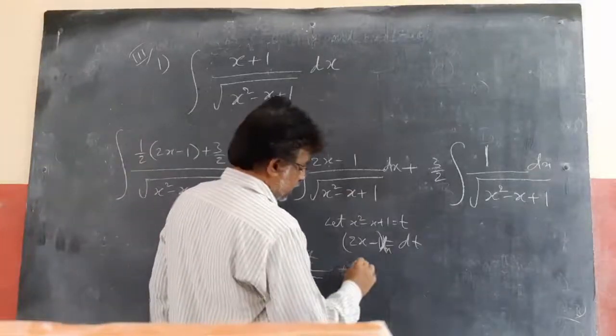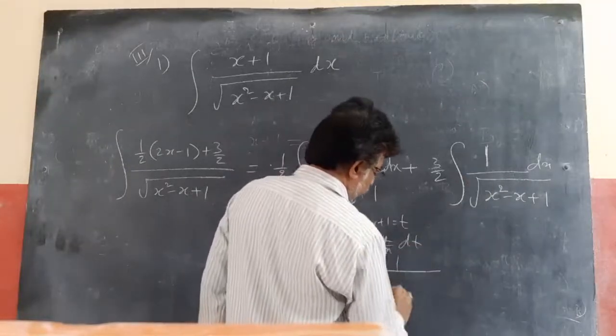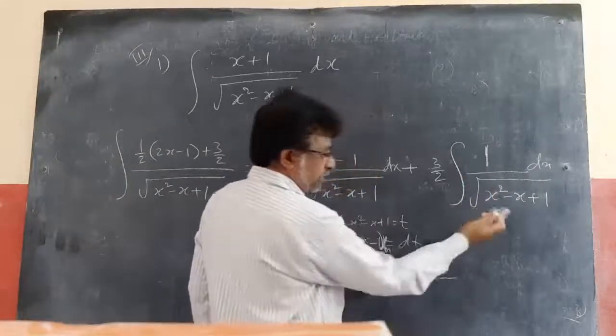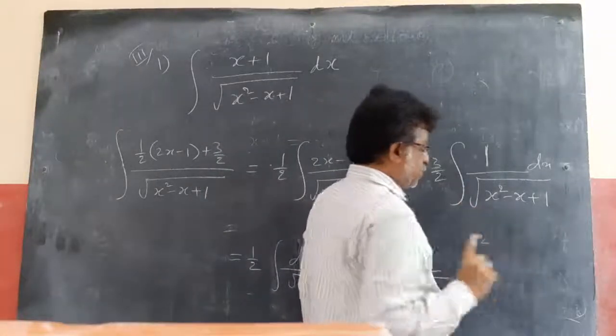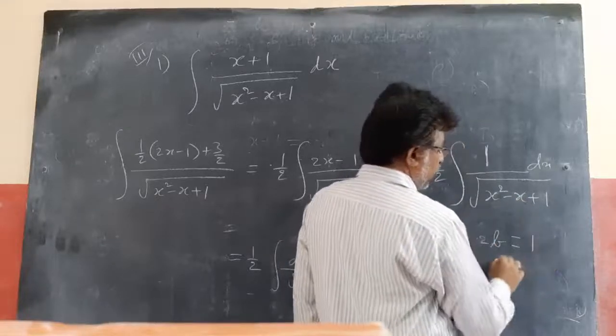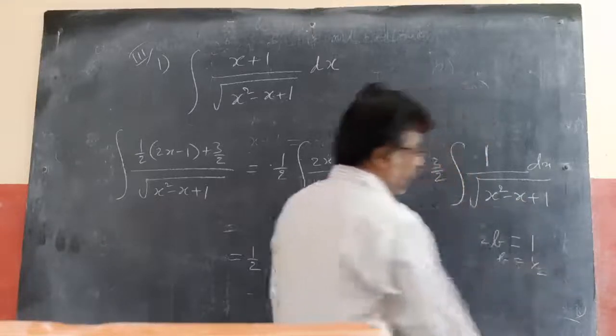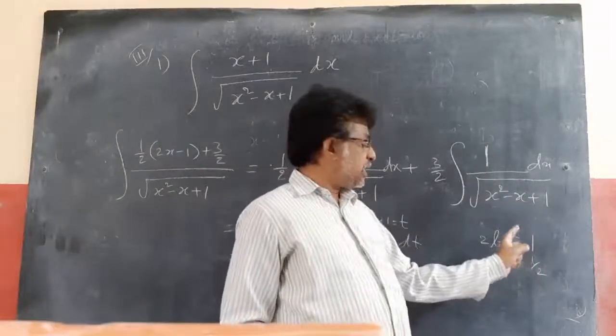Plus 3 by 2 into, this we should go for completing the square. So 1 by root of x square, the coefficient is 1 only. So for completing the square, what I told, the x square coefficient should always be plus 1 and 2b equal to the x coefficient. So b equal to 1 by 2. The x coefficient here is minus 1, don't consider the sign, I told.